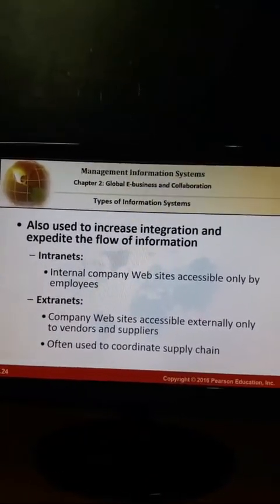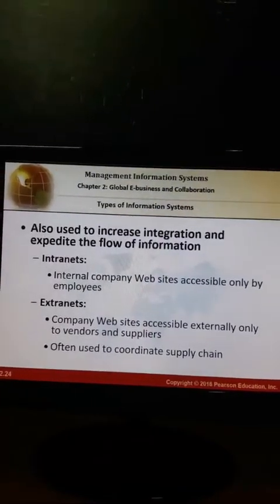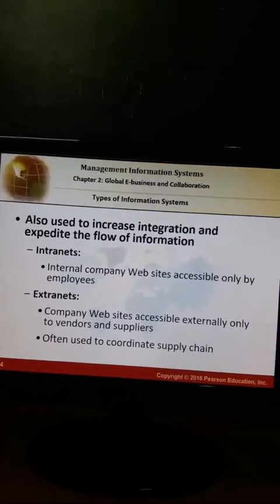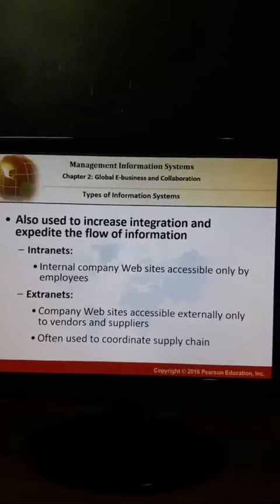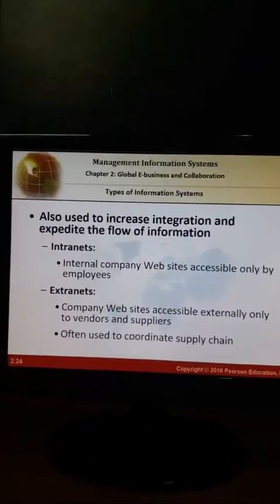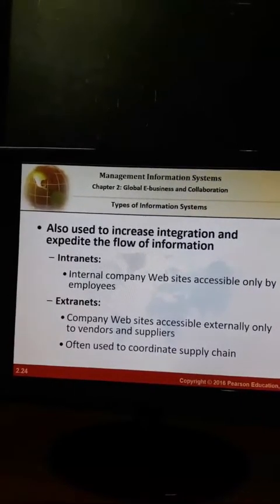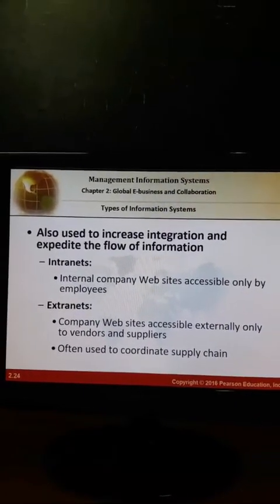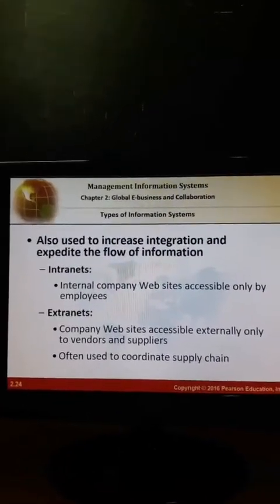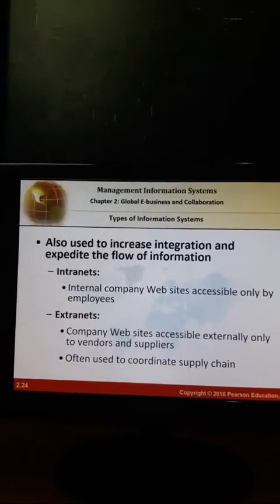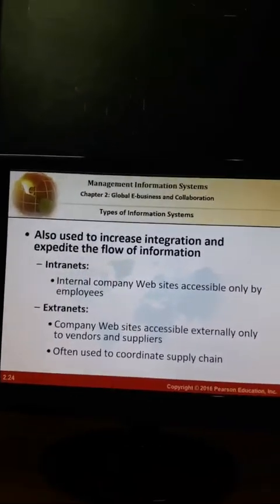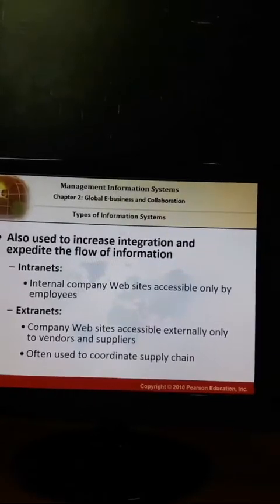They maintain the systems through two separate systems. One we call intranet and another is extranet. Intranet is the system to maintain the relationship with the internal employees, and extranet is a system that helps the organization to maintain relationships with the external parties.